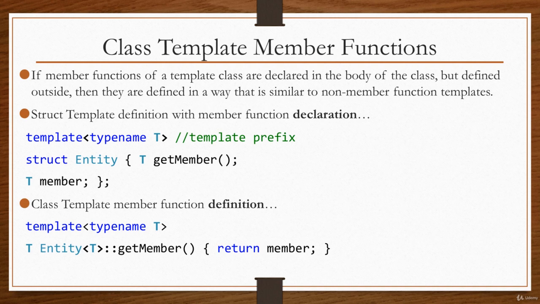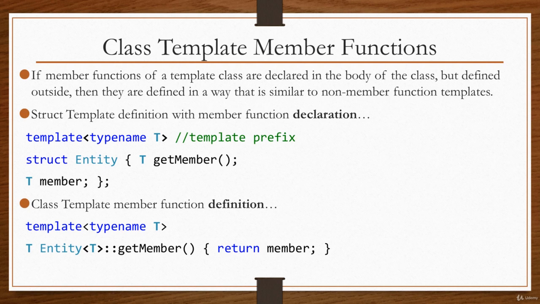We also have a member of type t in that struct. And then for the definition of that member function, you can see the syntax. We have to do the template prefix, the return type, which in this case is going to be t. As usual, we have to qualify the member function name. We qualify getMember, but the qualification is going to look a bit different. We do entity, which is the struct name, the angle brackets, and then we pass in that type parameter t.